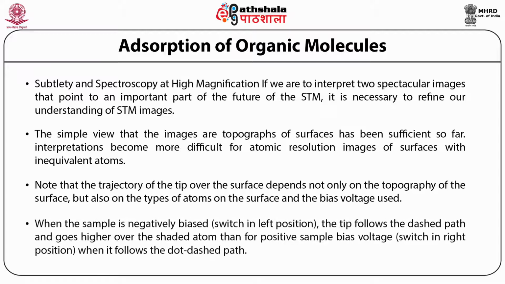Specifically, when the sample is negatively biased, switch in left position, the tip follows the dashed path and goes higher over the shaded atom than the positive one. Then, with the positive sample bias voltage, switch in right position, it follows the dot-dashed path.